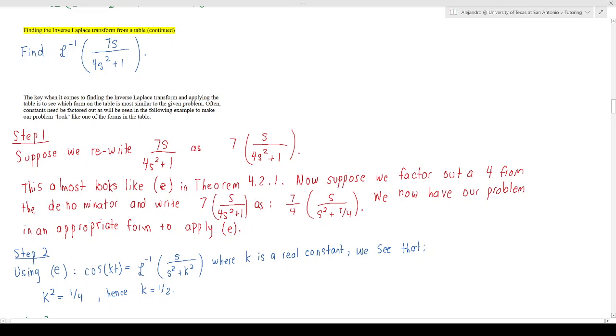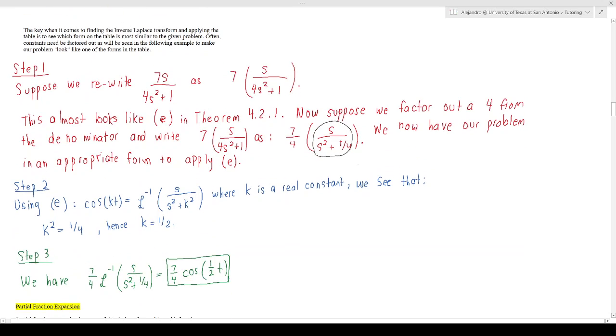Now notice that these two are perfectly equivalent. If you multiply the 7 over 4 back in, you'll get the same exact original problem. But now we actually have this problem here in a form that we can work with.